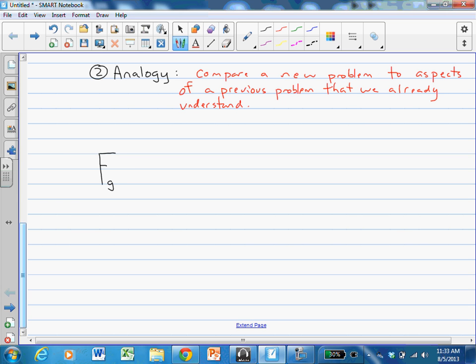But in this class, we're going to define this mathematically, and it will be big G, which is a constant, times the mass of one object times the mass of the other object divided by the distance between the objects squared. That's our gravitational force, and we're going to come up with that formula and construct it.